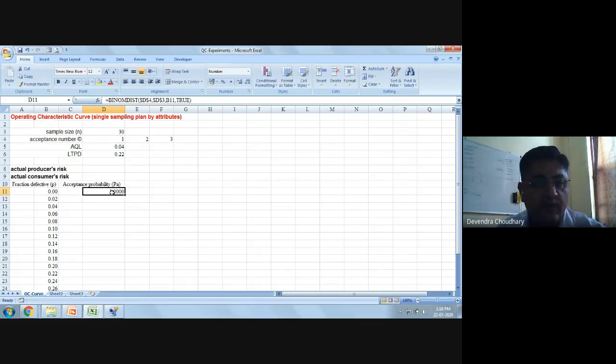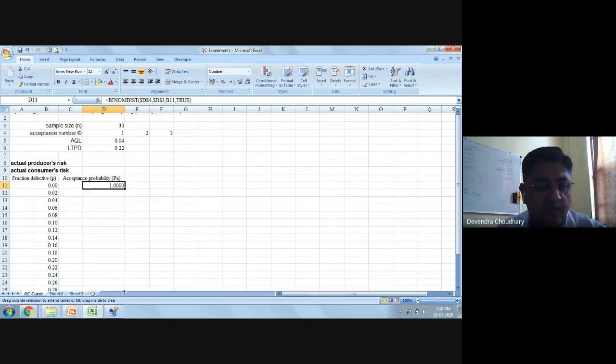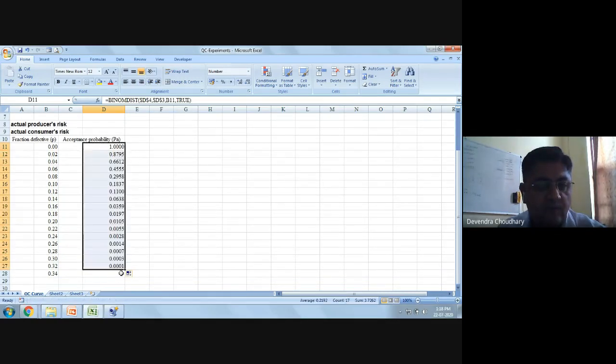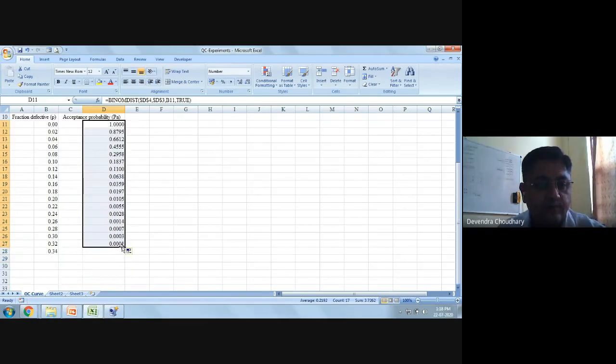So here when fraction defective is 0 and sample size is 30, acceptance number 1, getting at most one defective in such a sample, probability is 1. So you can say acceptance probability is 1. So similarly, if I drag this, you get the different probabilities for the corresponding different fraction defectives.